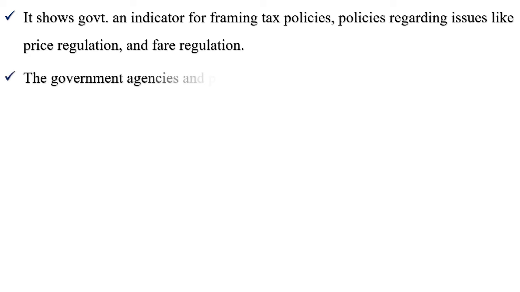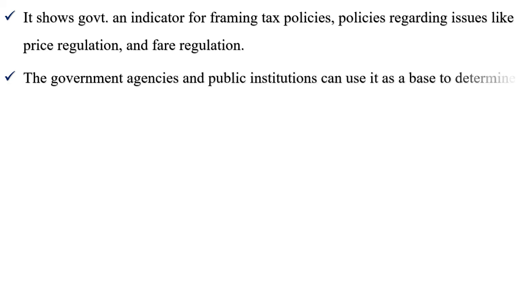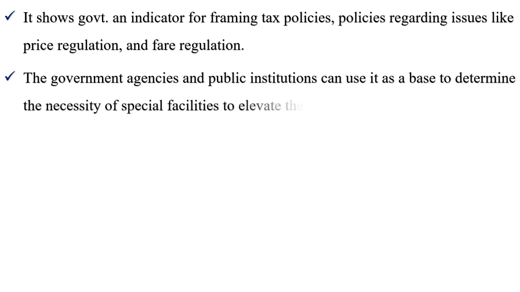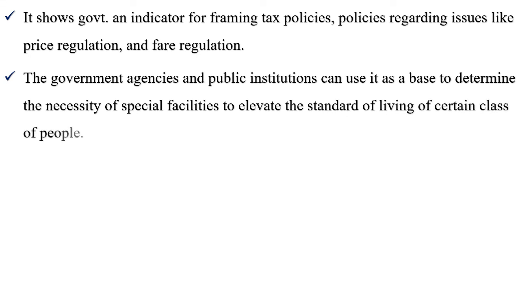The government agencies and public institutions can use the cost of living index number as a base to determine the necessity for special facilities to elevate the standard of living of certain classes of people.